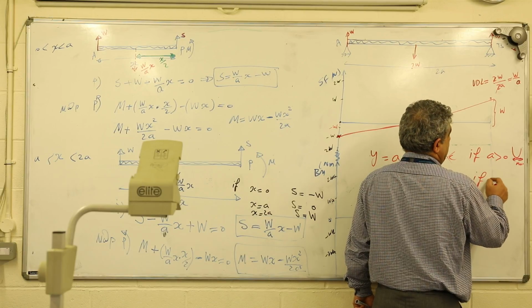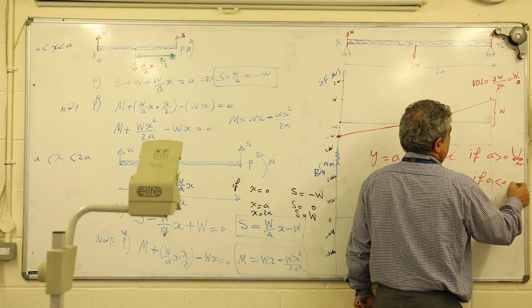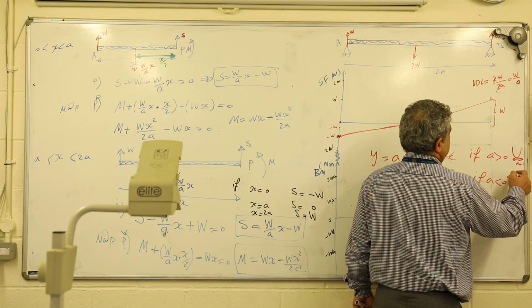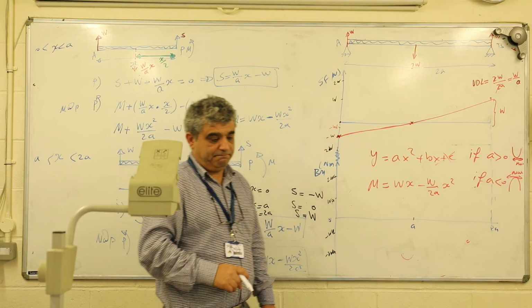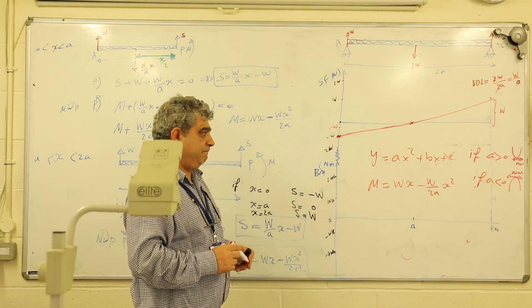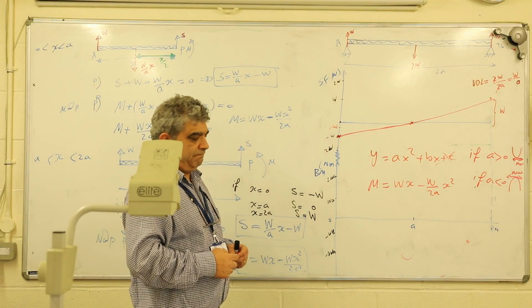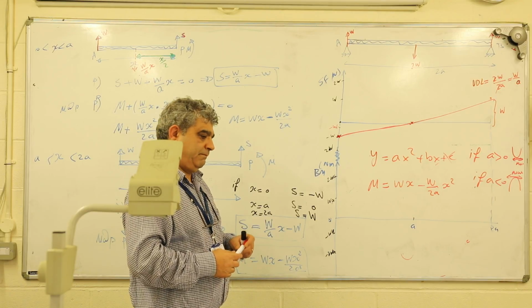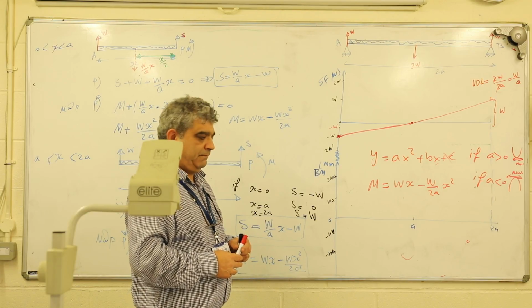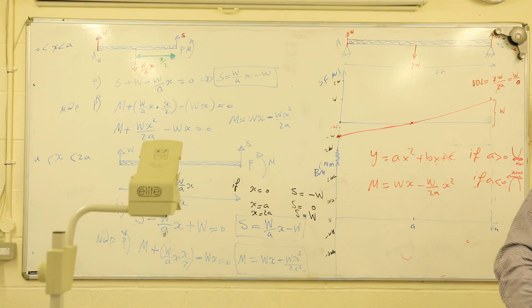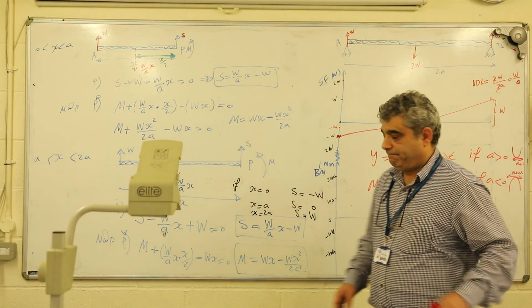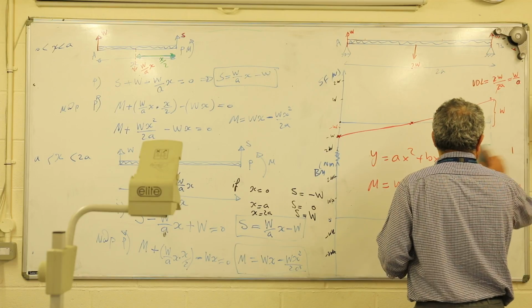If a is less than 0, it is always a maximum. Okay, do you understand that? I told you this stuff in the past. Right, can I clear that?